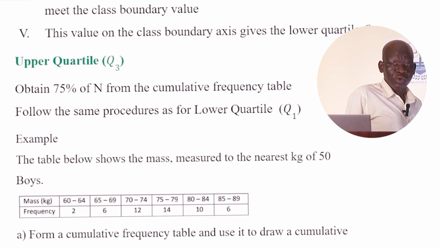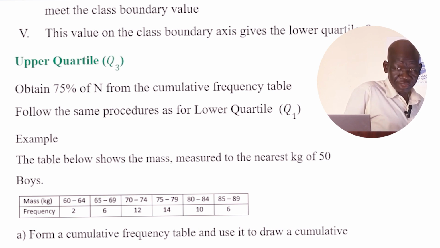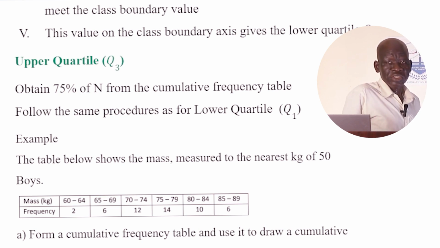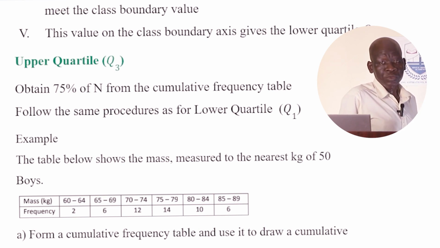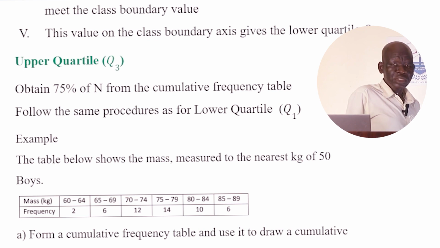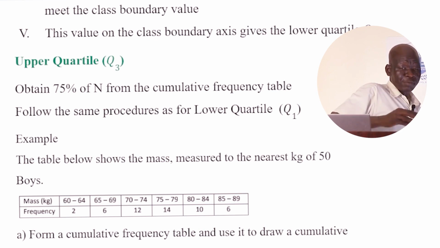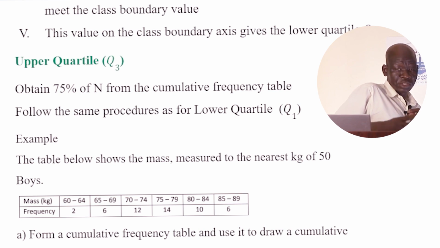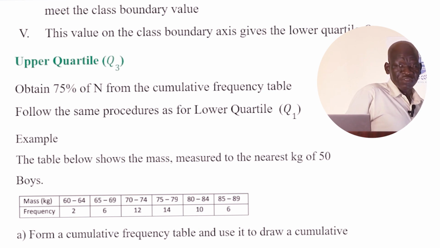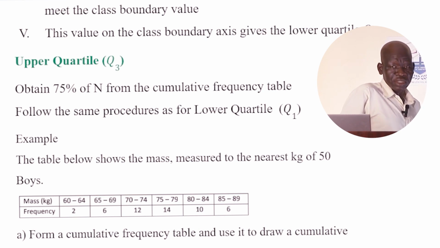The figure on the horizontal, an upper class boundary value, gives us the upper quartile value. So in short, for the upper quartile, we get 75% of n and then we correspond. For the lower quartile, we get 25% of n, and then we correspond.